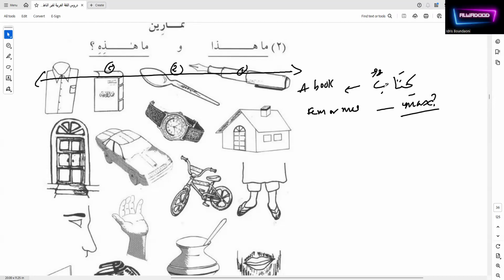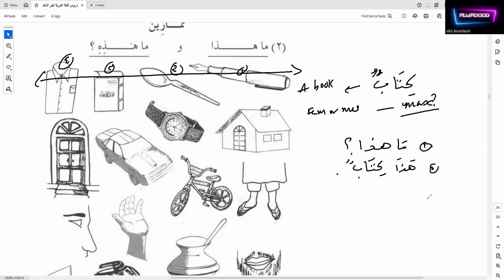So my question is going to be, ما هذا? And my answer is going to be, هذا كتاب. This is a book.